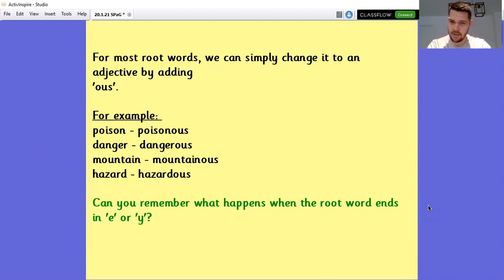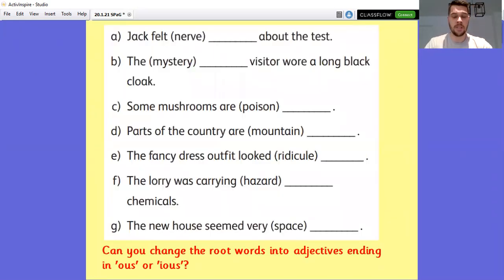What is it that we need to do if it ends in an E or ends in a Y though? Hopefully you can tell me. So what you're going to be doing is changing the root word in these sentences by adding the correct suffix.